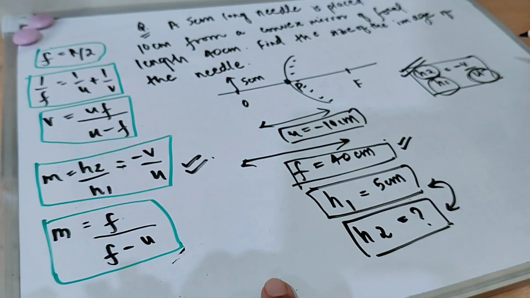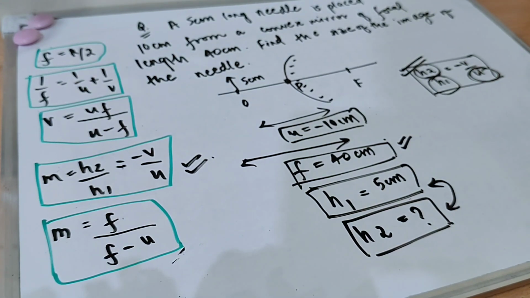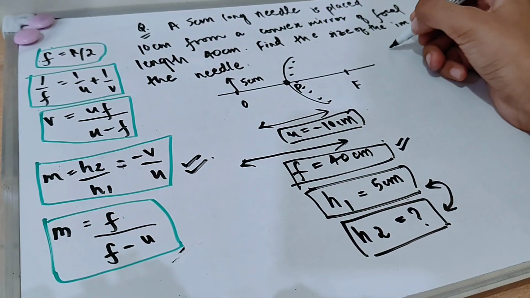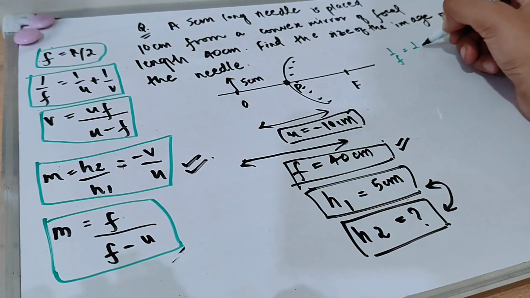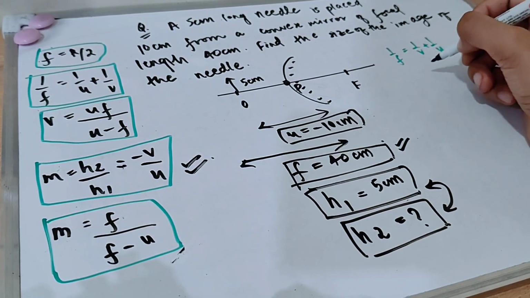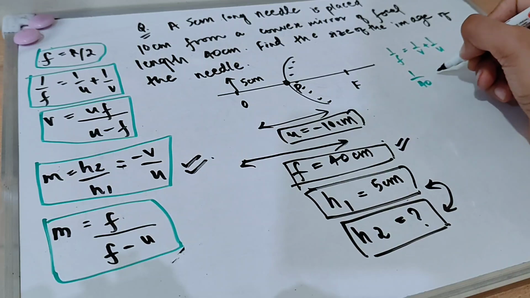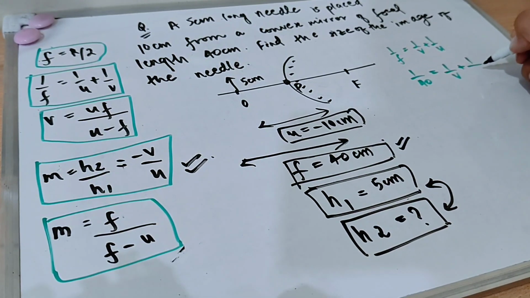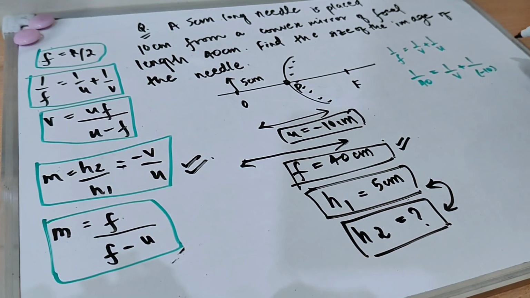So I can use the focus to find out the image distance, and then I will have all three of these values and I will find out the h2. So now let's do that real quick. 1 upon f is 1 upon v plus 1 upon u. 1 upon positive 40 is equal to 1 upon v plus 1 upon negative 10.